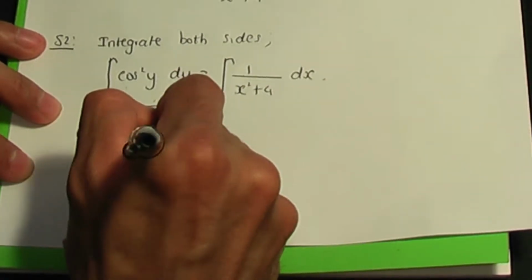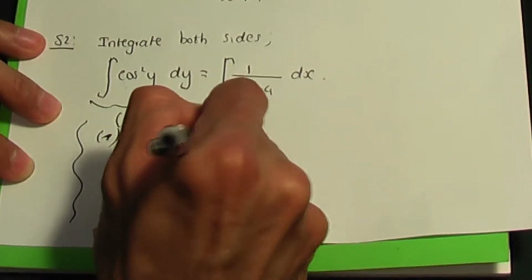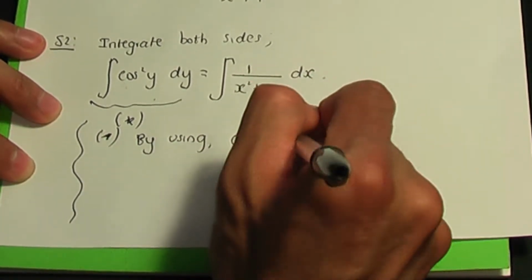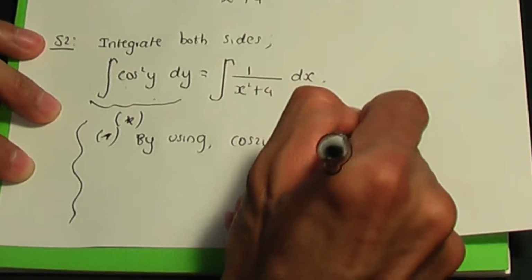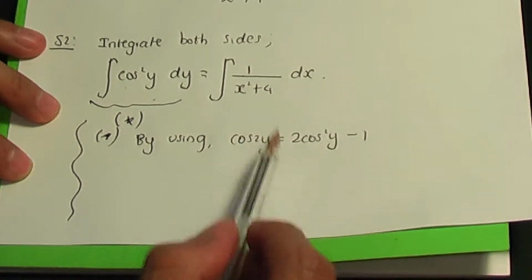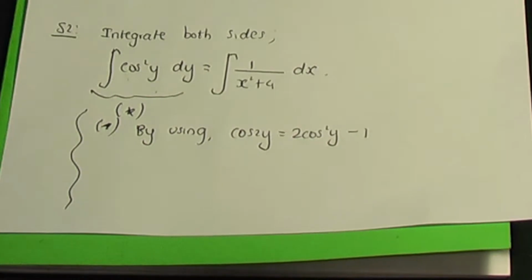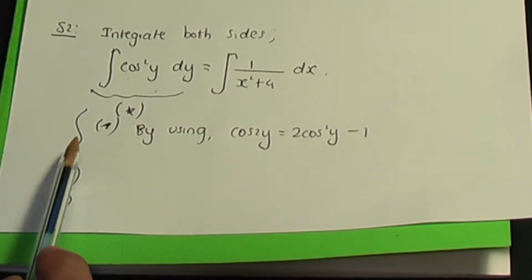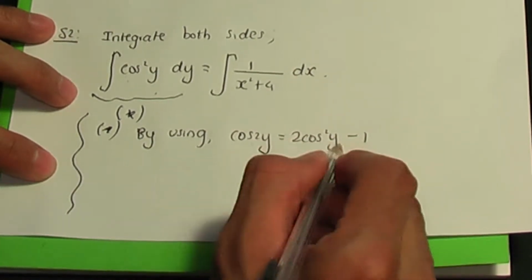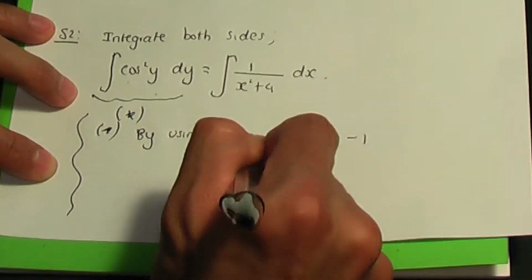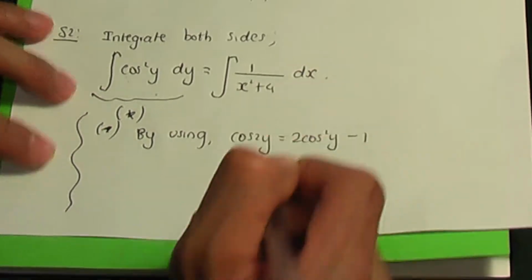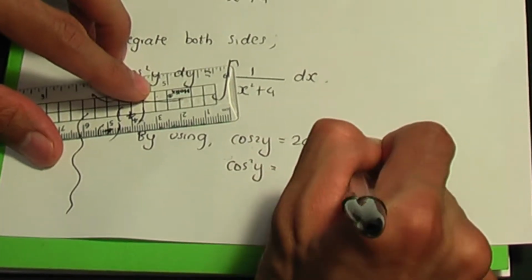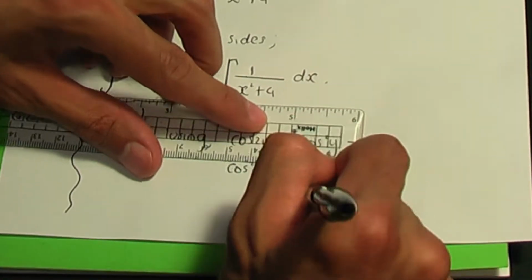So cos 2y equals 2 cos squared y minus 1. If I rearrange this, cos squared y equals (cos 2y plus 1) divided by 2.